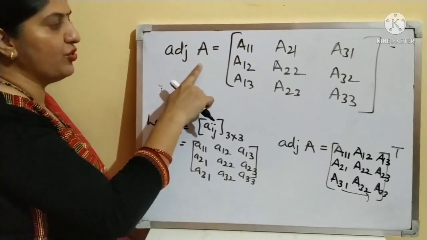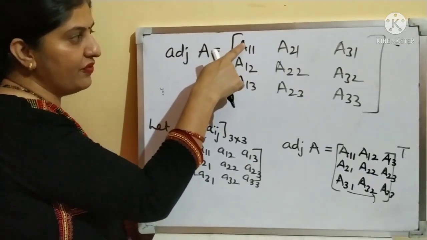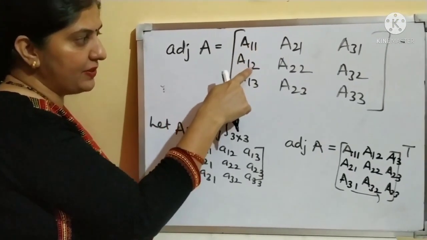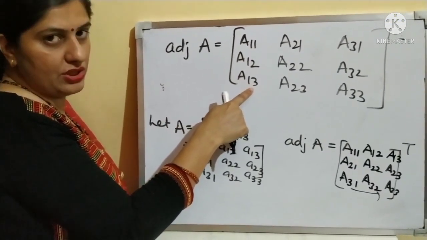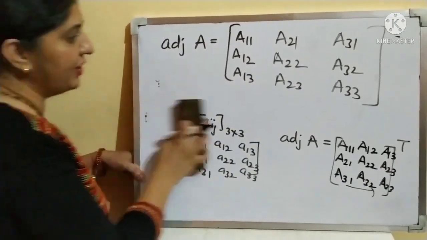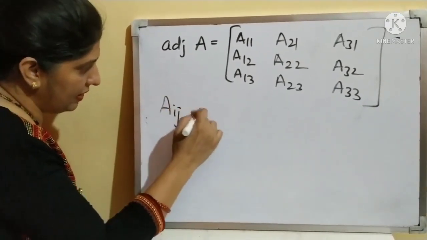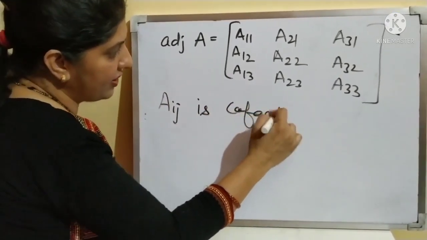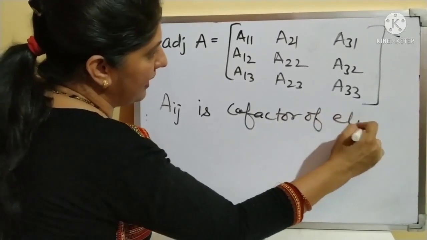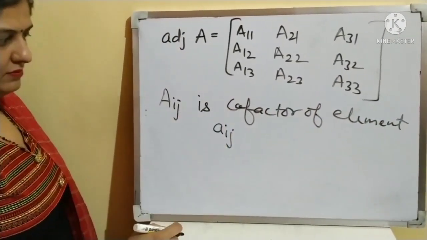Remember, for adjoint of a matrix, you have to write elements in the way capital A11, capital A12, capital A13. Remember this. And you already know that capital Aij is cofactor of element aij.